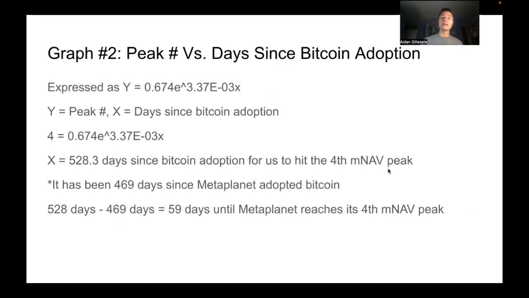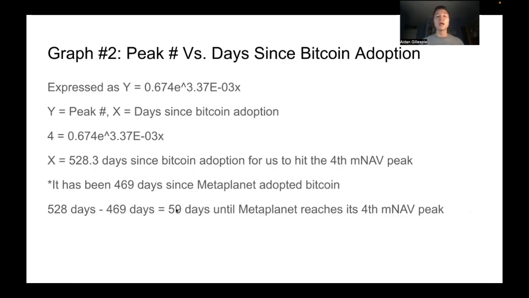So when exactly will that happen? Well, it has been 469 days since Metaplanet adopted Bitcoin. So we'll just take 528 days minus the 469 days that have already happened since Metaplanet adopted Bitcoin. And we get 59 days left until I'm expecting Metaplanet to reach its fourth MNAV peak.